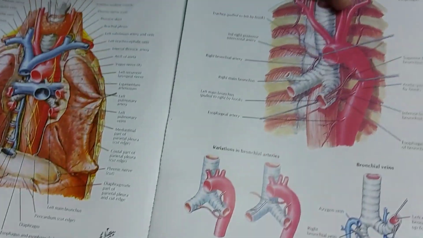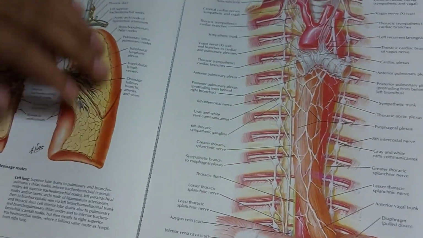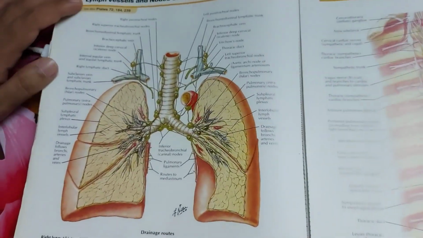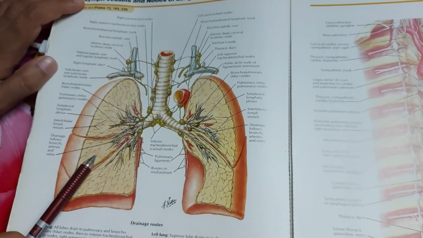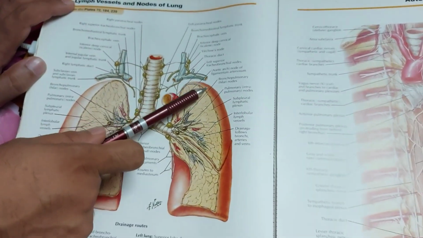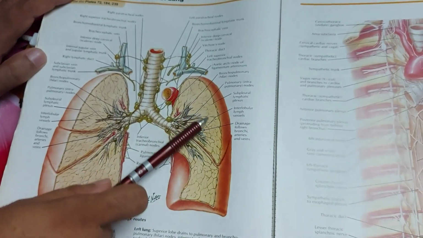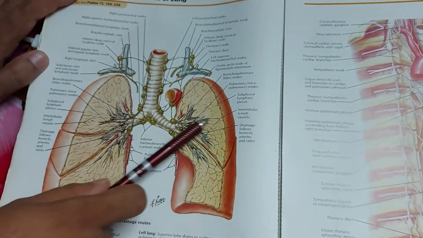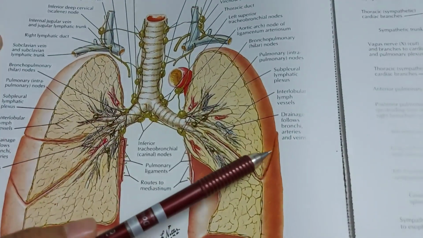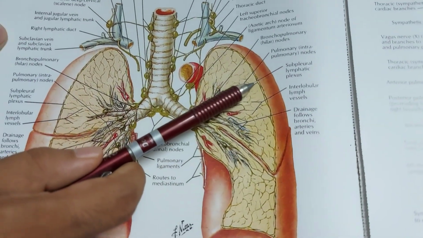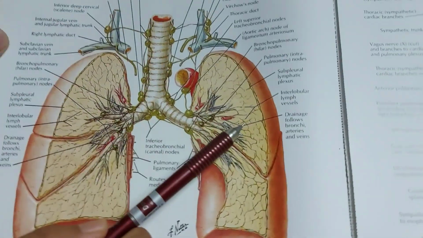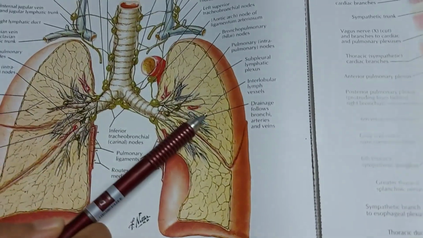Now we can go through the lymphatic drainage of the lung. This is the lung. This lung has a peripheral area, and there is a central area. In the peripheral area there are small lymphatics, the superficial lymphatics, and in the deep area there are the deep lymphatics.